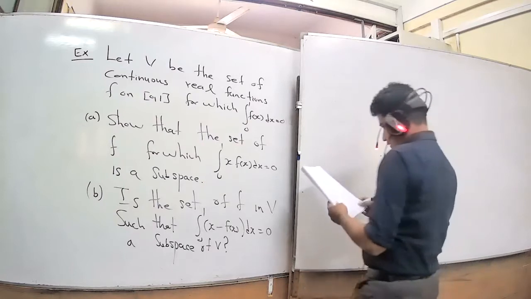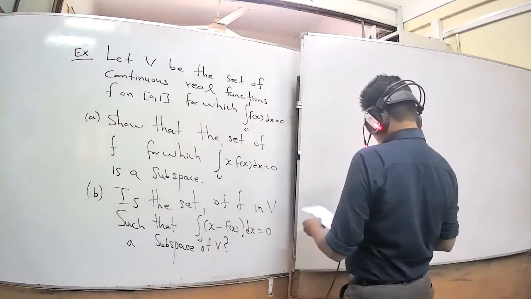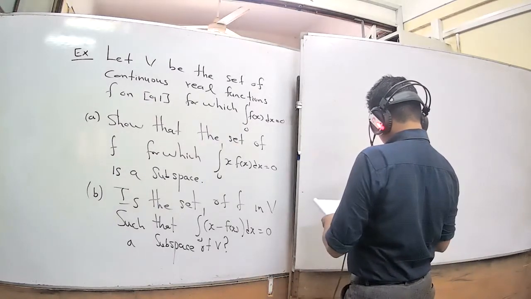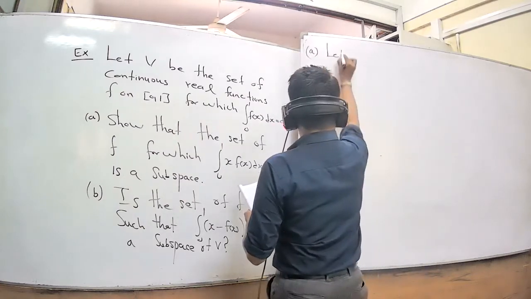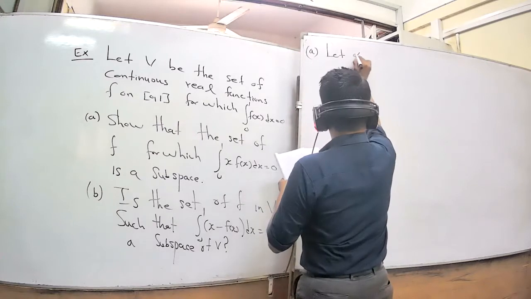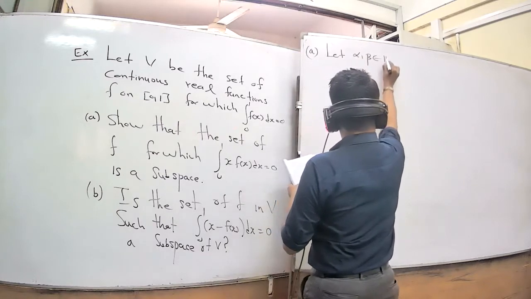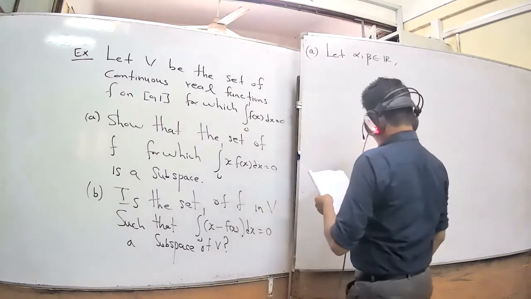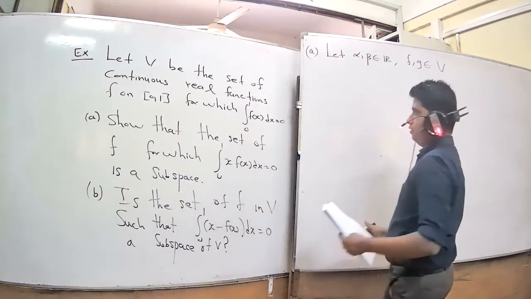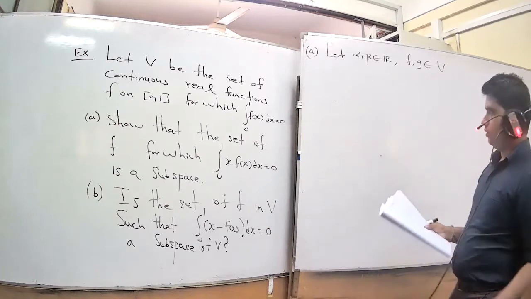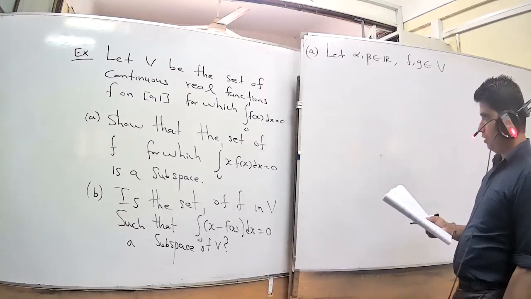So for the first part, let alpha, beta belong to the real numbers and f, g in W. Therefore f and g are continuous functions.